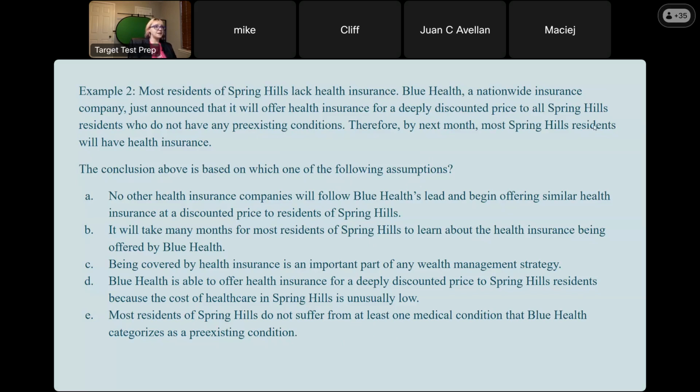But if most residents of Spring Hills do have pre-existing conditions that would preclude them from qualifying for the Blue Health insurance, then this does not hold up. So this is an assumption on which the argument depends.